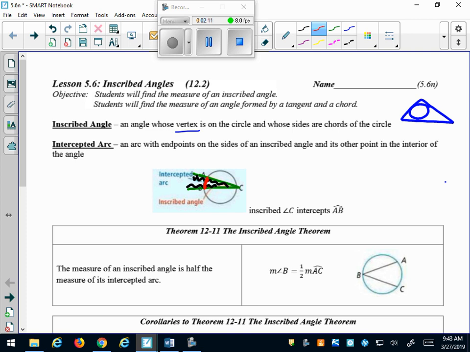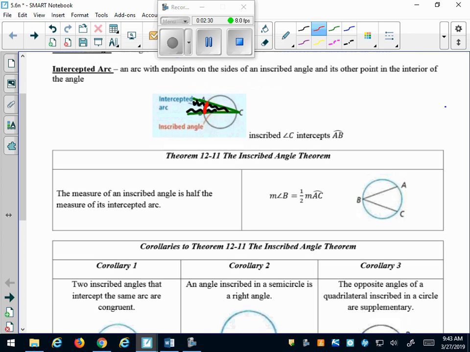He's going to eat that piece of the circle, right? Well, when the alligator opens his mouth 20 degrees, he can eat a 40-degree arc. When he opens his mouth 30 degrees, he can eat an arc that is 60 degrees.